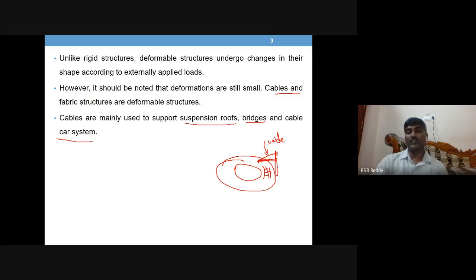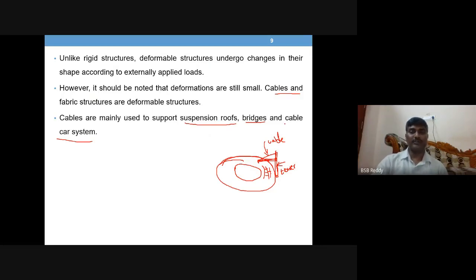This is the supporting structure, which you can call a column or tower. So if you have supporting towers, likewise all around the stadium you will have such types of structures. This is what suspension roofs are.